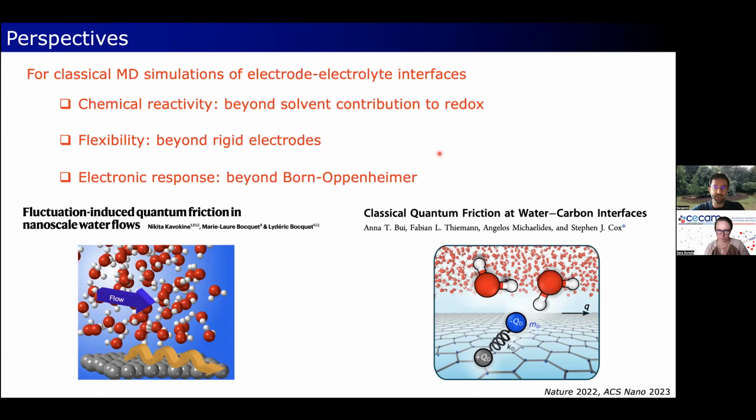This is actually something we do to equilibrate the system, to find the equilibrium distance between electrodes at a given pressure, typically normal pressure. And once we have found the equilibrium distance, we switch to NVT simulations.